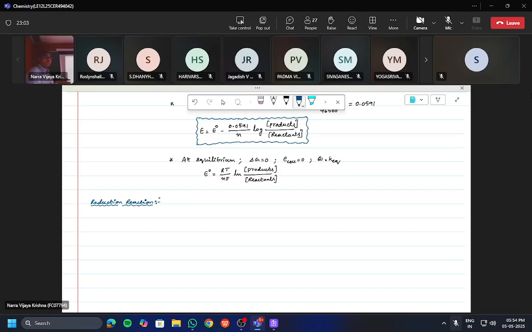E reduction equals E naught reduction plus, see your target booklet, page number 127. They have drawn those graphs based upon reduction potential only. Same way, a reduction potential graph and an oxidation potential graph. Correct or not?